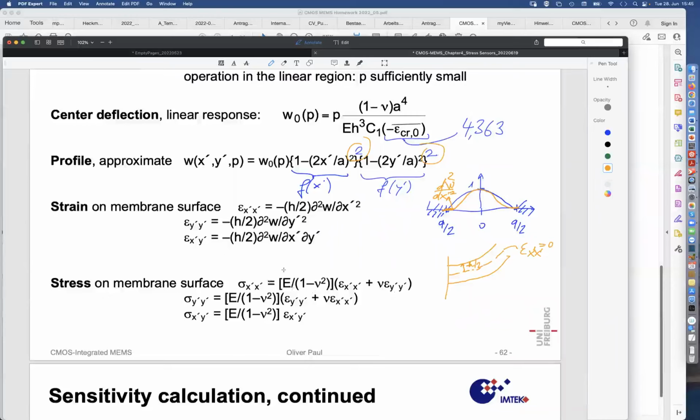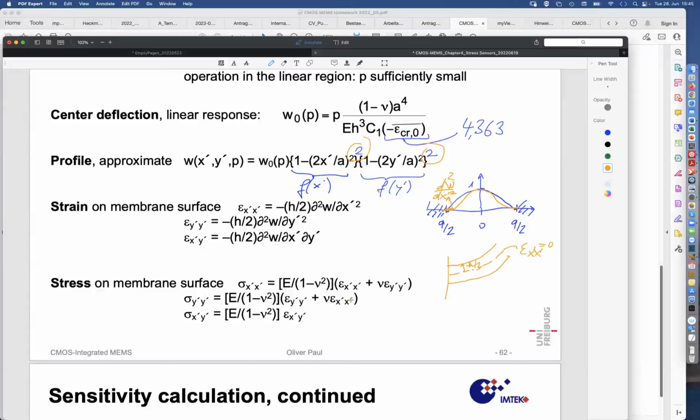And that is then given by these formulas here. So that's for the biaxial stress load, where the properties are actually isotropic. And so this is not a full anisotropic mechanical model again. And so you have these stresses as a function of whatever the strains on the surface of the membrane are.